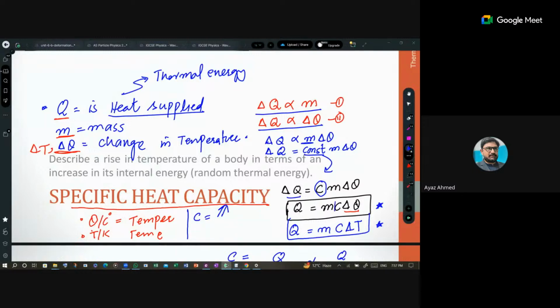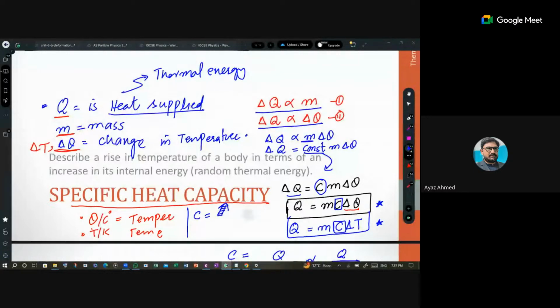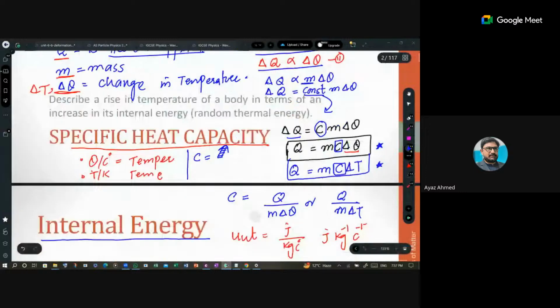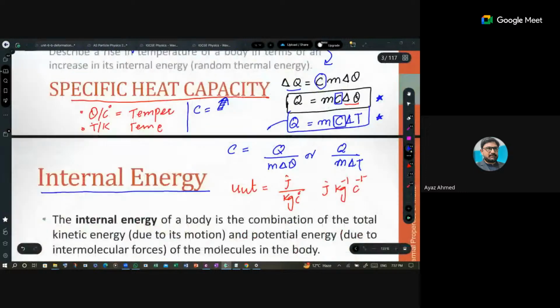This C is your specific heat capacity. Rearranging the equation, C equals Q divided by m delta theta, where Q is measured in joules because it is thermal energy, and mass is in kg, and delta theta is the temperature change in degrees centigrade.